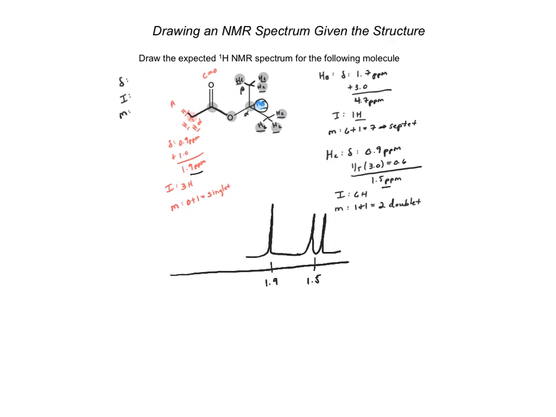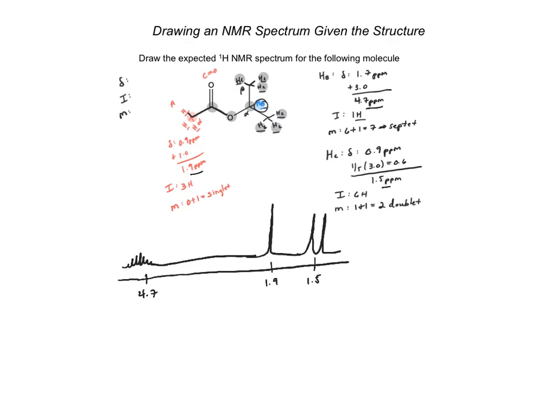And then as we move out, the last signal we have is this 4.7. May not be the best estimate here of where 4.7 is, but here we're going to draw a septet. So to illustrate this, we want to put the integrals on. So this is 1, 2, 3, 4, 5, 6, 7.